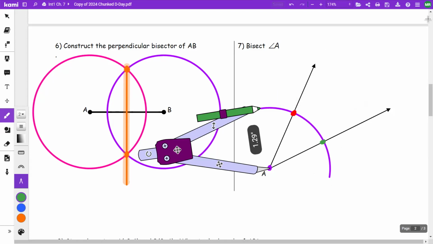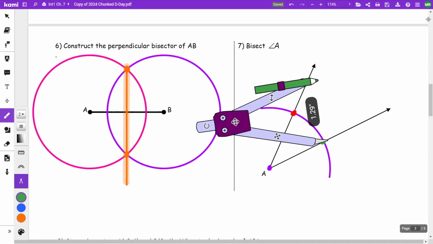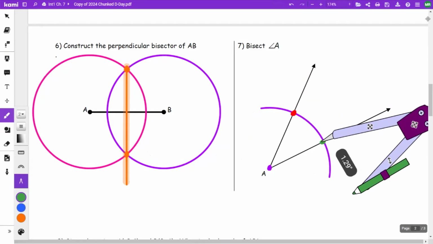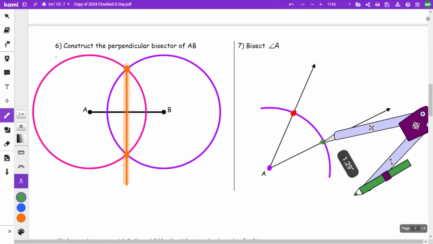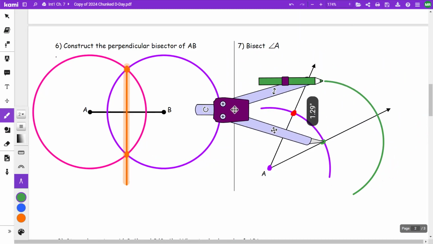Okay. So now I'm going to keep the radius the same. Let me turn this. I'm going to move my compass here to draw a second circle that has the same radius, drawing it through here.